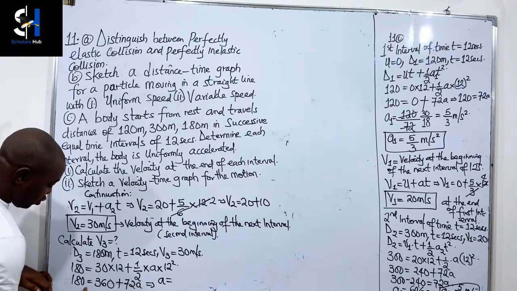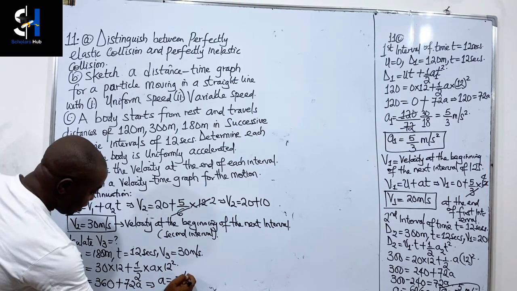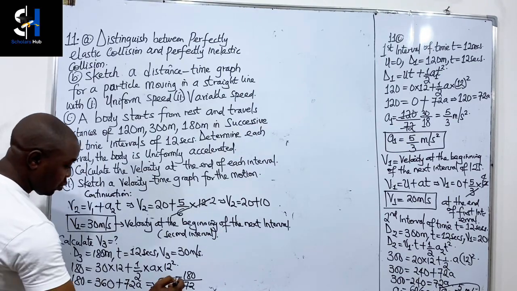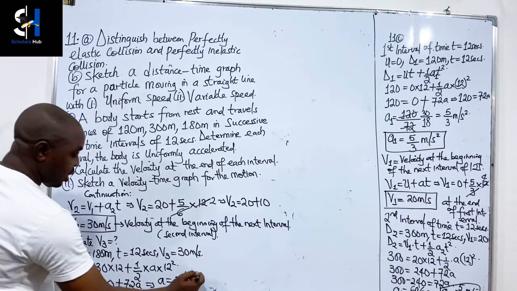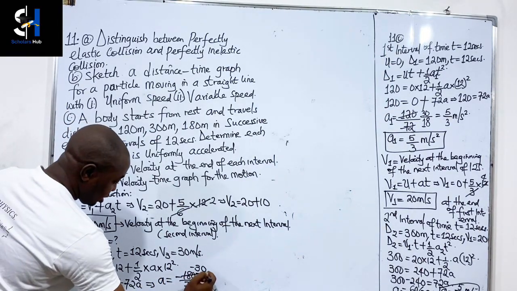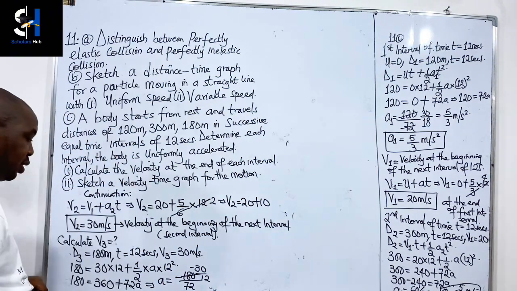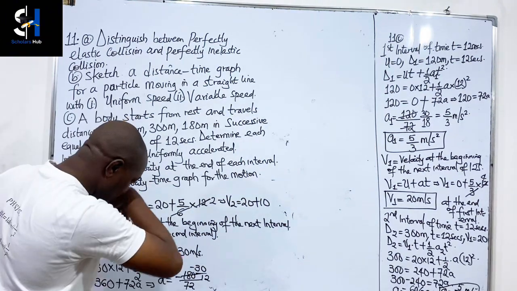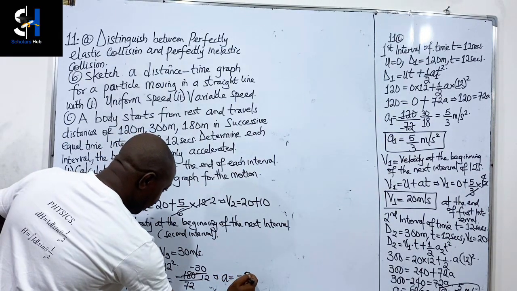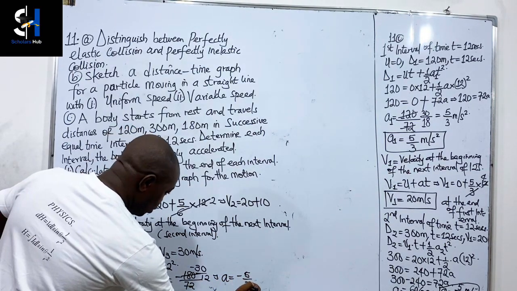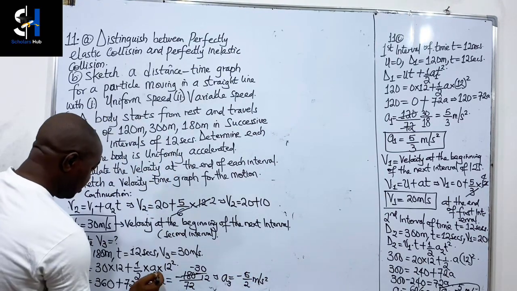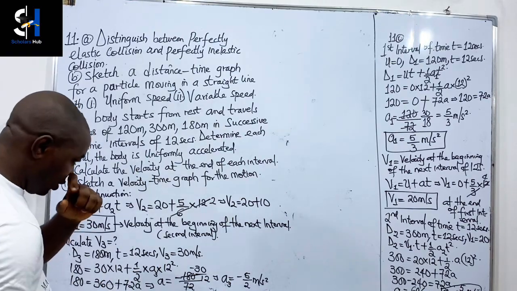So a will be equal to 180 minus 360, that will be minus 180 divided by 72. Dividing by 6, this will be minus 30, and minus 12. Then divide again by 6. We're going to have a equal to minus 5 over 2 meters per second squared. This is a3, the third interval.